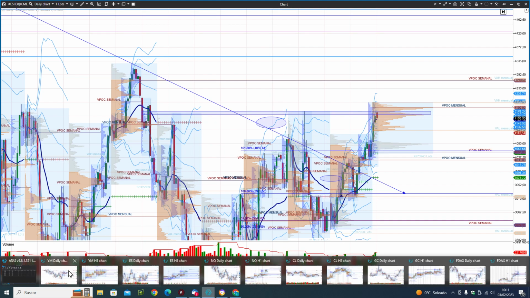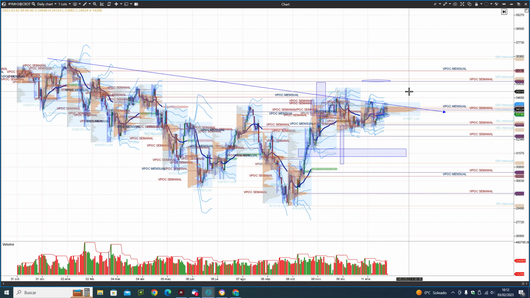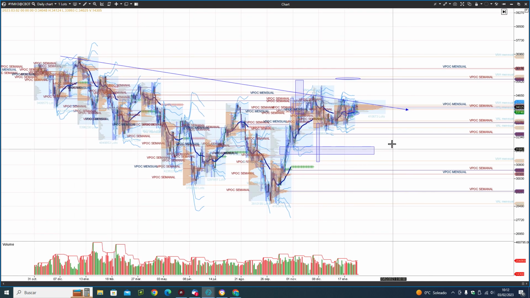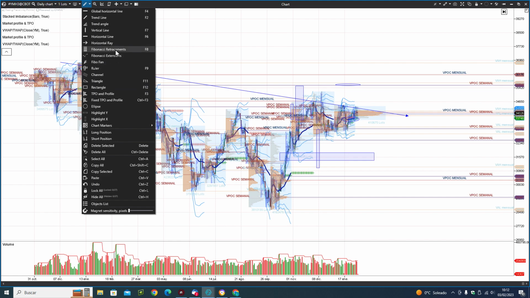But if we see what happened with Dow Jones, you can see there is a divergence between Dow Jones, S&P, and Nasdaq. Dow Jones couldn't break this zone, so we can expect a drop of the price, but with reserves, because perhaps you can make a pullback here and continue rising.